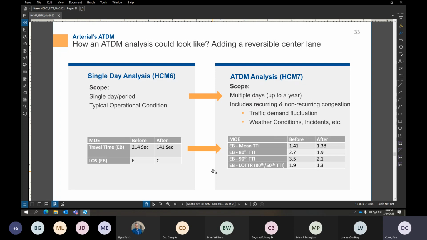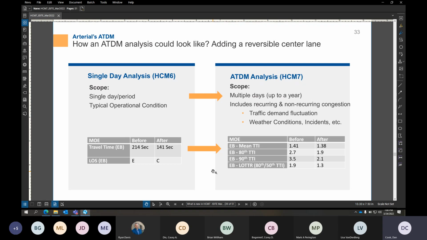So if you happen to be looking at the AM peak performance, you're looking at that over general basic conditions for a 15-minute or an hour period, or even a single day. But with this new ATDM analysis using reliability, you can look at the effects that recurring and non-recurring congestion have. That would include traffic demand fluctuation, weather conditions, crashes, and other incidents.